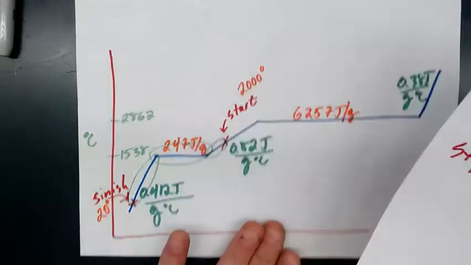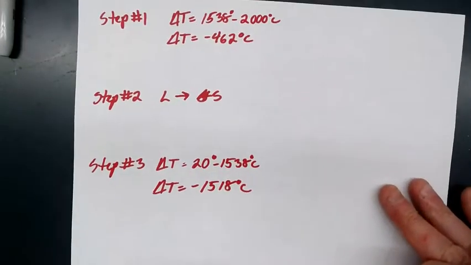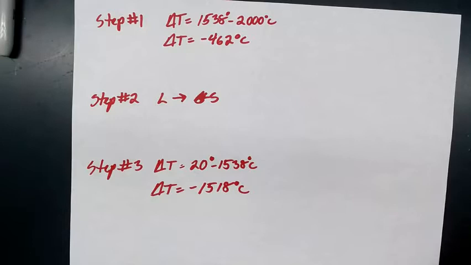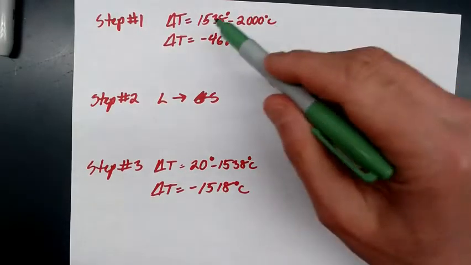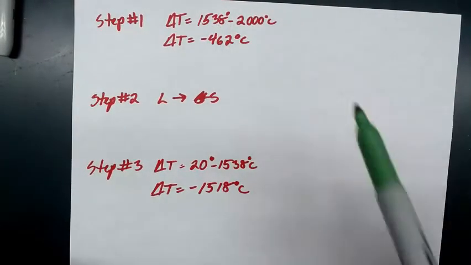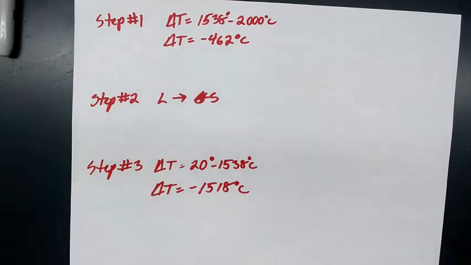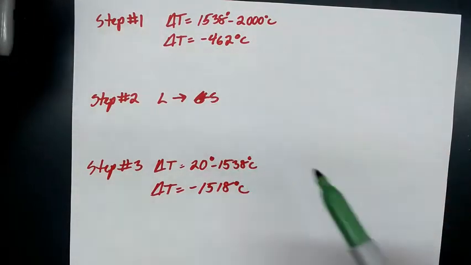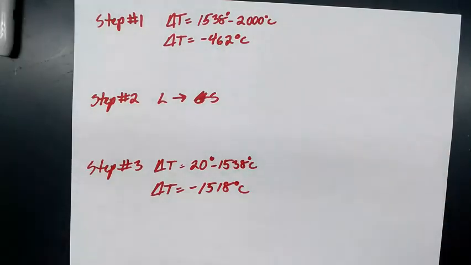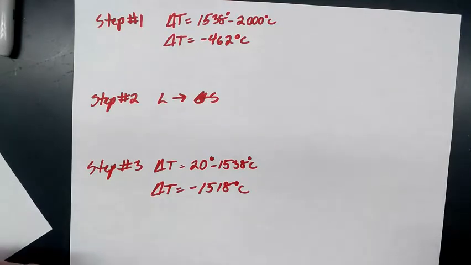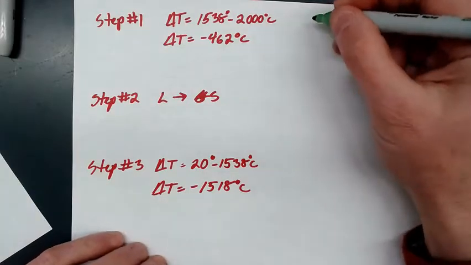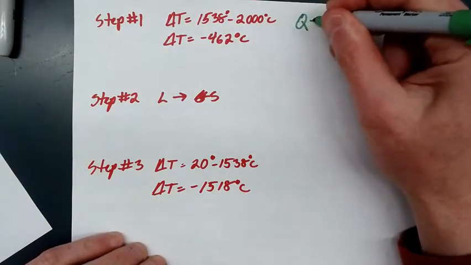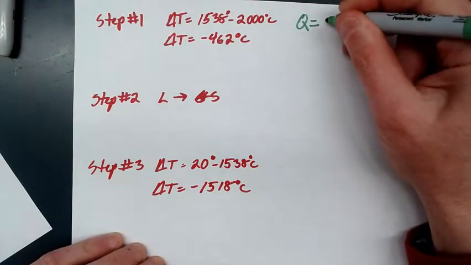So I have some of this information written down already. There are three steps. The first step is the delta T, the change in temperature from 2000 degrees Celsius, which is our initial, down to 1538, which is our final, and that's a negative 462 degrees Celsius temperature change. And we're going to go Q is equal to m, the mass.